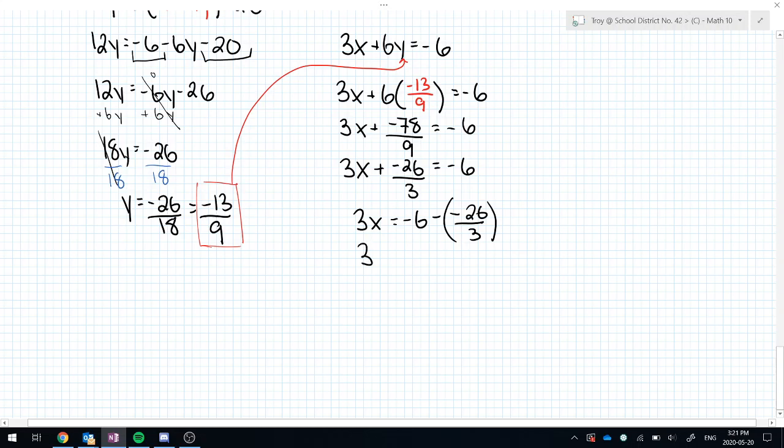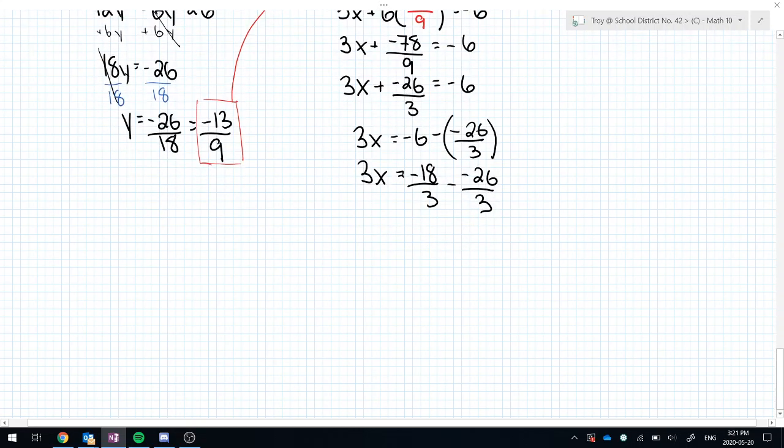So let's see, we need to make that 6 over 3. So that's going to be what? 8, or no, what am I doing? Negative 18 over 3, right? Because 18 divided by 3 is 6. Minus a negative 26 over 3.